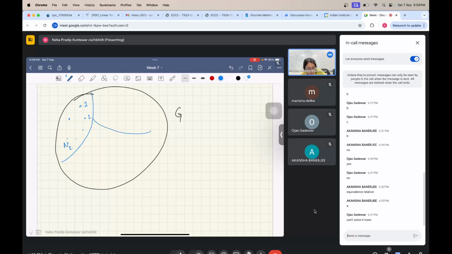You have the other component where you have n2 vertices, and then you have all the way up to nk vertices. So let's ask a question. What is the total maximum number of edges you can have in this component C1? This is a connected component.